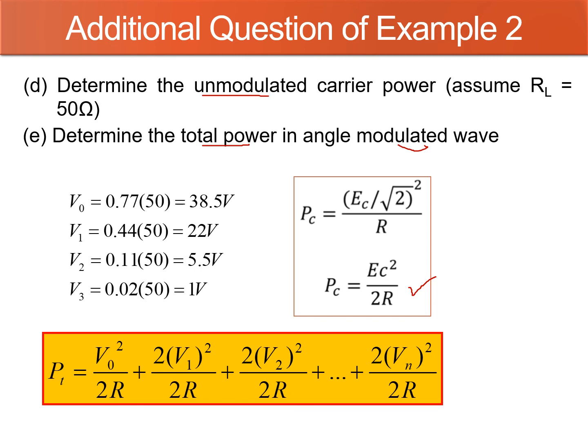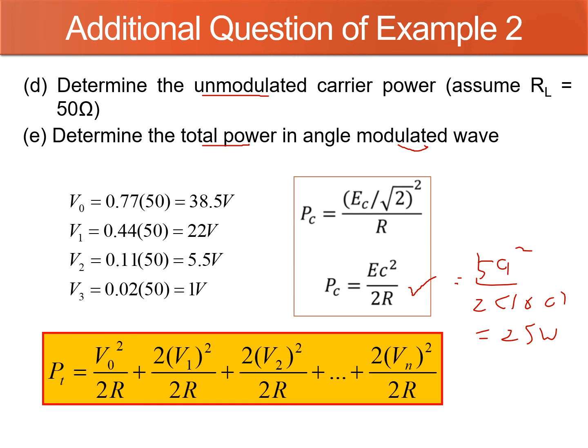PC equals EC squared over 2R. EC is 50, so 50 squared divided by 2 times 50, we get 25 watts.